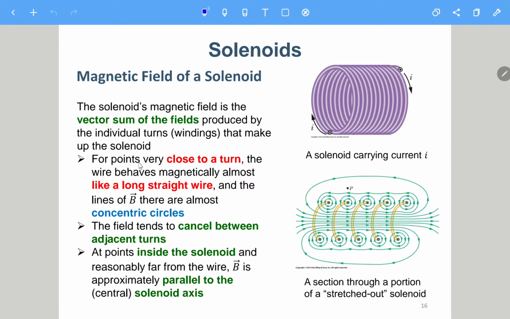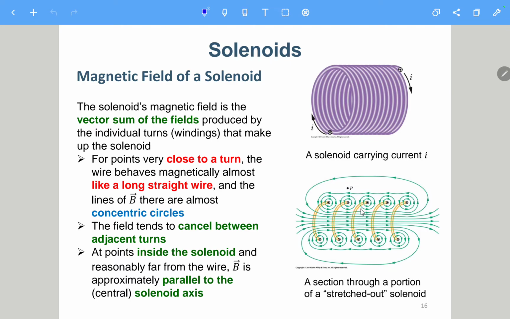Here we have some observations. First of all, for a point very close to a turn, the wire behaves magnetically almost like a long straight wire, and the lines of B there are almost concentric circles. So around here, here, and here, you can see something like concentric circles. It's like an infinitely long wire.